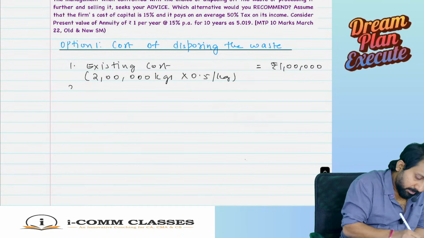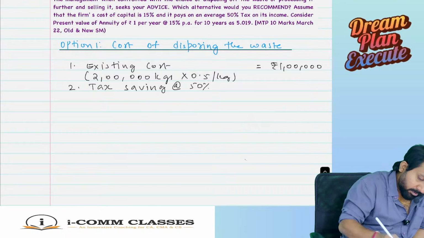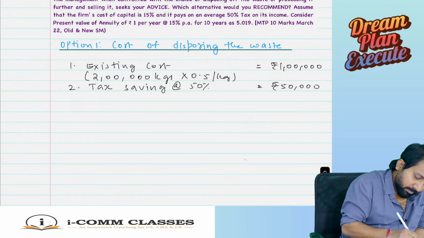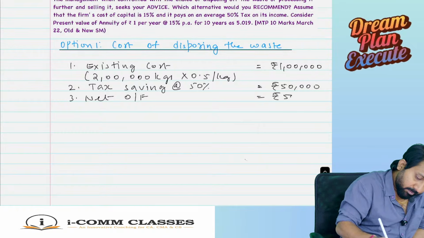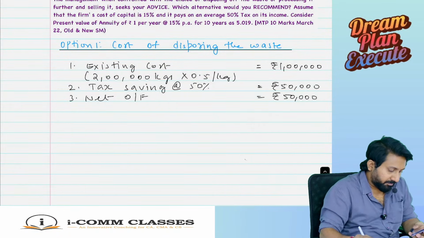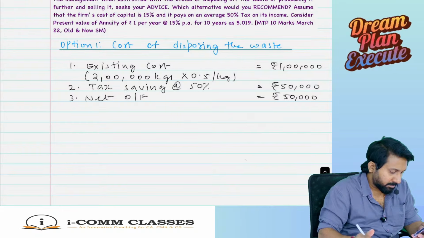Rupees 1 lakh. Written up to here. Net outflow equal to 50,000.